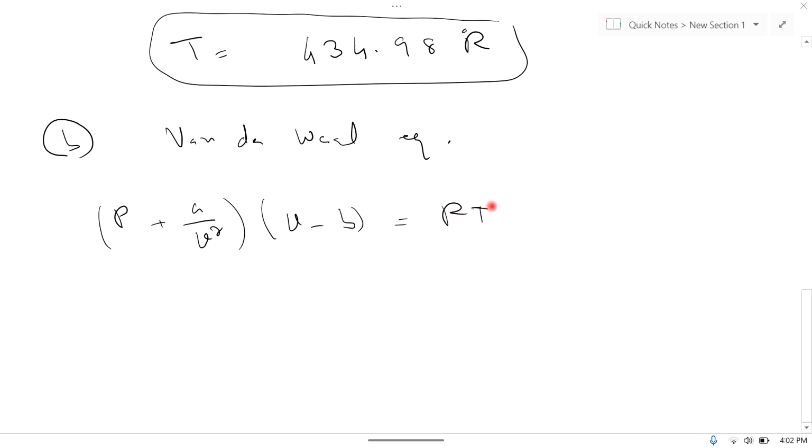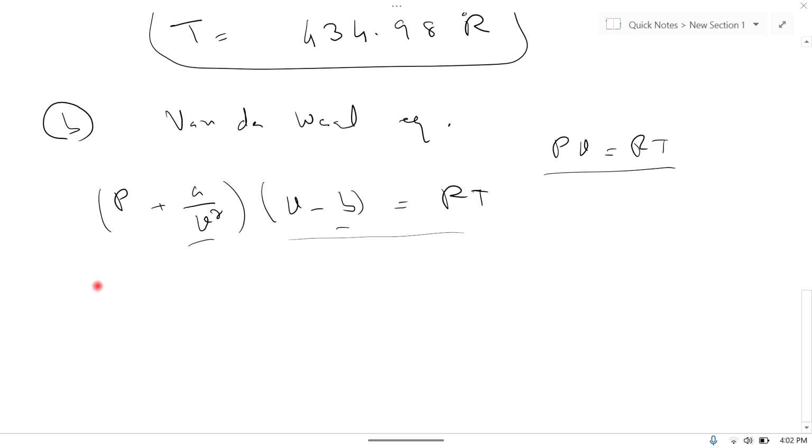This is just like PV is equal to RT, and this term A by V square and minus B are corrections, because all gases are real, and PV is equal to RT is the equation for ideal gas. So this is close to real, and the result will be more accurate as compared to the ideal gas equation.